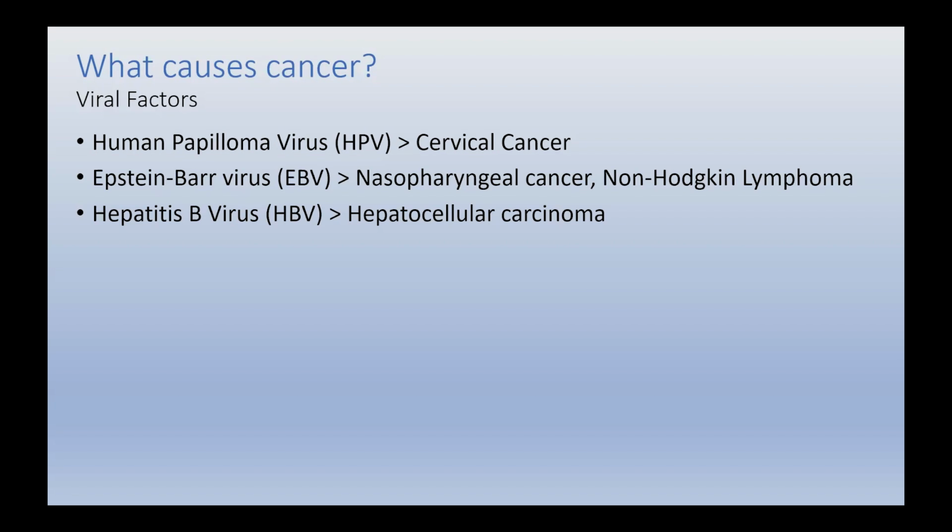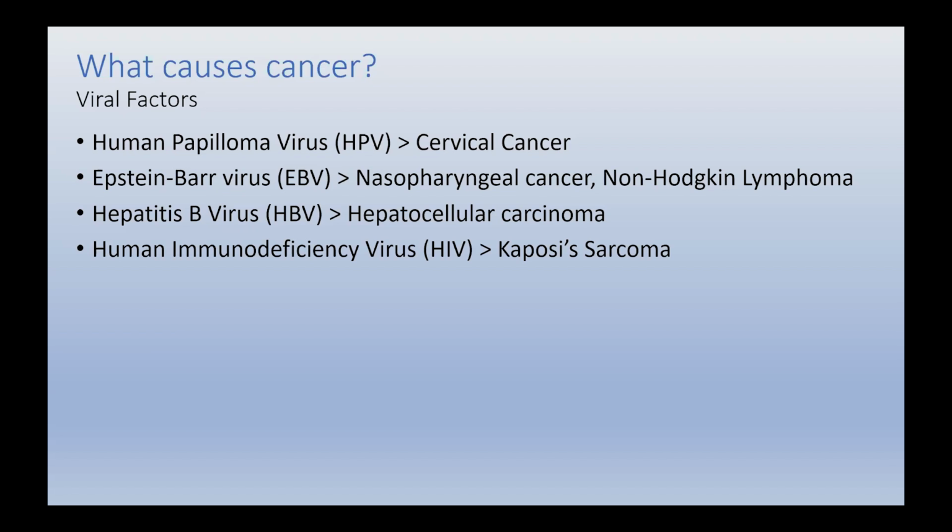Hepatitis B virus is known to cause hepatocellular carcinoma, and it is another type of virus for which we have a vaccine to prevent one from ever getting this infection, and therefore ever developing hepatocellular carcinoma. HIV is known to be associated with Kaposi sarcoma.